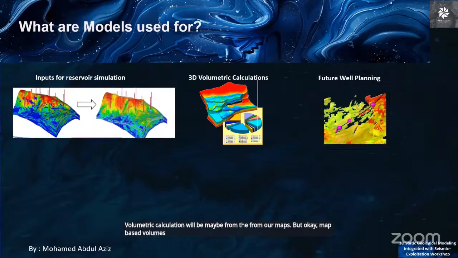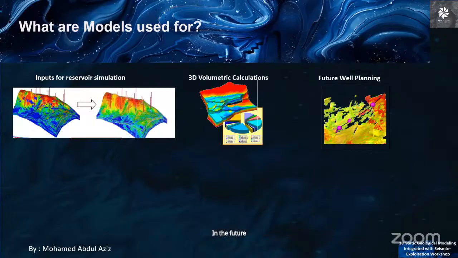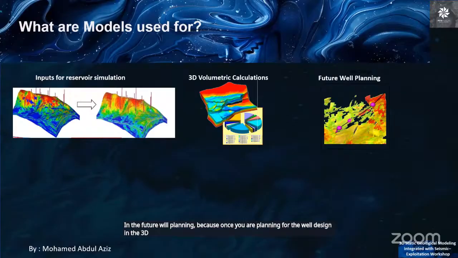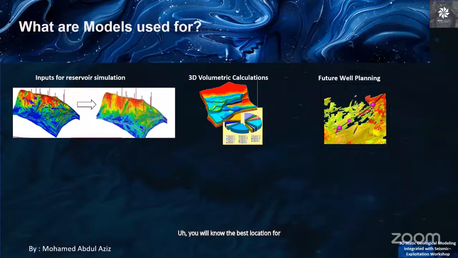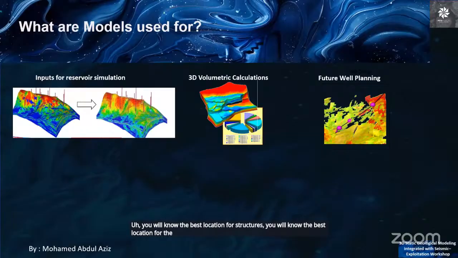And then also it will help you in future well planning, because once you are planning the well design in the 3D static model, you will know the best location for structures, the best location for the stratigraphic trap, and the best location for porosity and good facies.